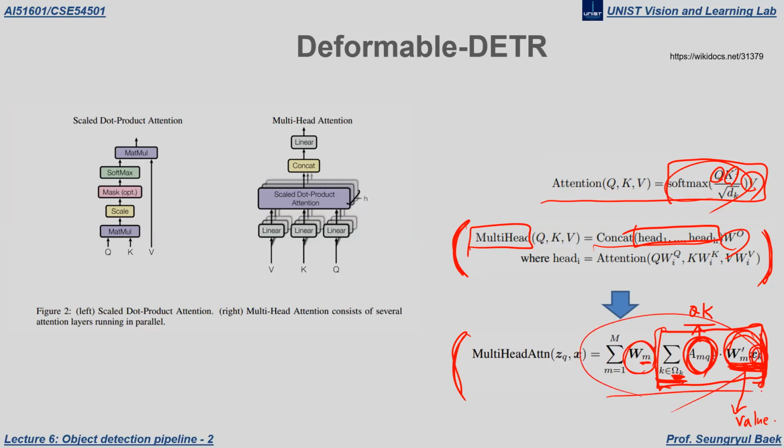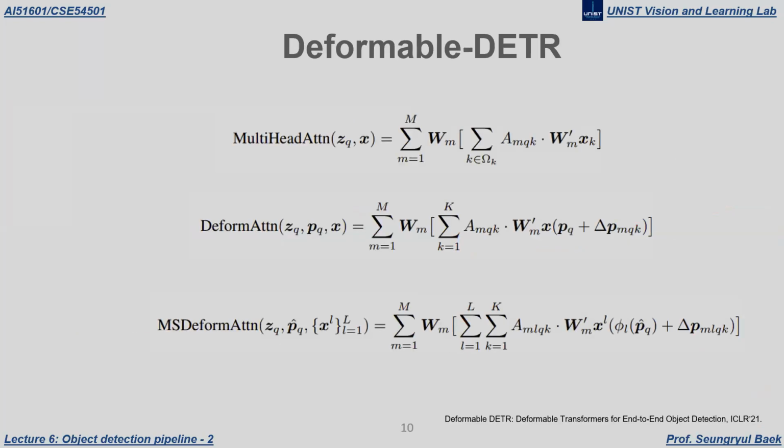We can actually rewrite it like this, okay? So in deformable DETR, they are saying that the original multi-head attention could be rewritten as follows, okay? And what they do in deformable attention can be rewritten like this, okay?